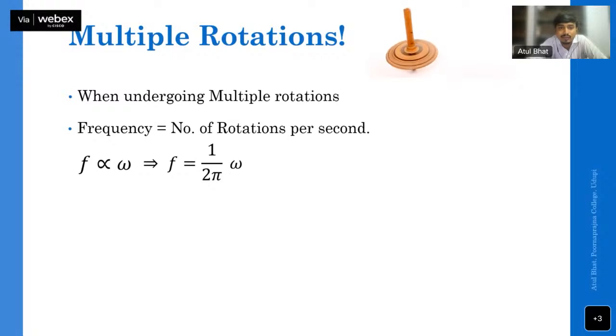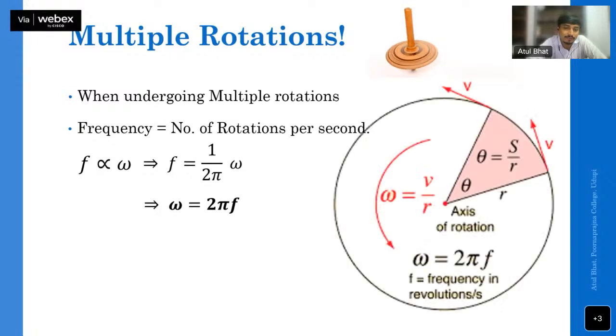That is why we can write f is equal to omega by 2 pi, or omega is equal to 2 pi into frequency. So if an object is rotating 1 time in 1 second, or 10 times in 1 second, you multiply that number by 2 pi and you get omega, which is the angular velocity, or we also call this angular frequency.